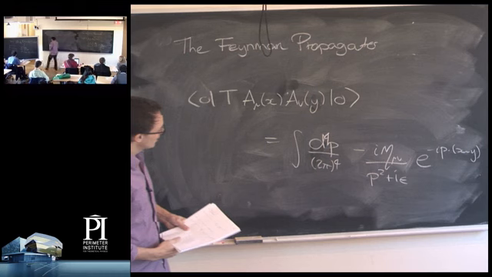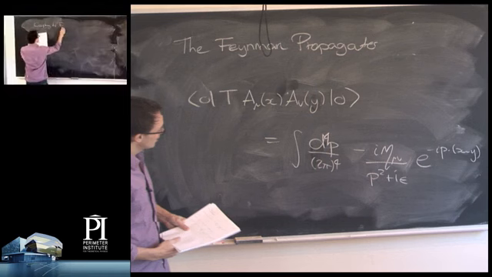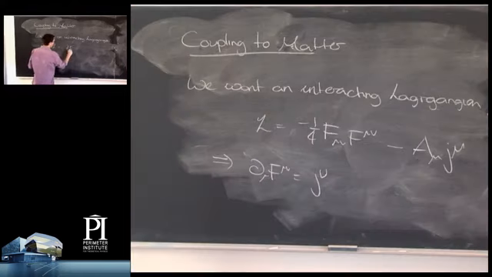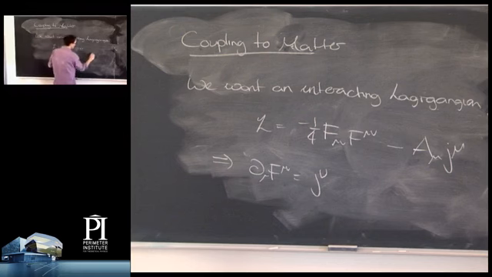Okay, so coupling to fermions. We do coupling to matter in general. So we want an interacting Lagrangian. We start with Maxwell theory, and you know from electrodynamics what kind of interaction we want.